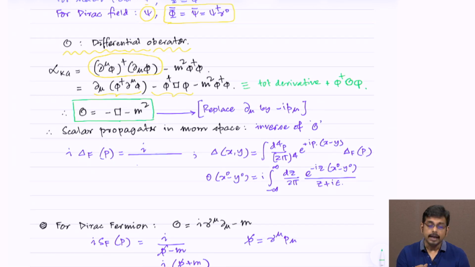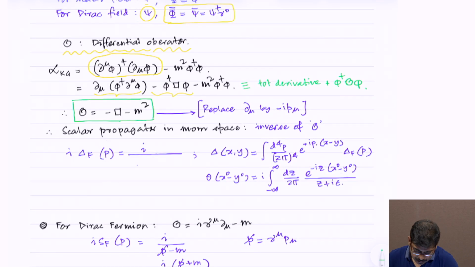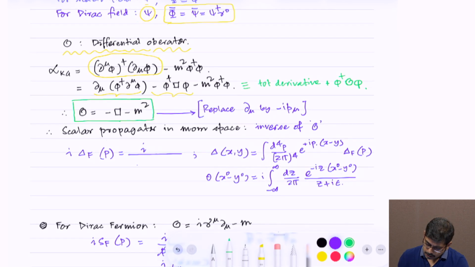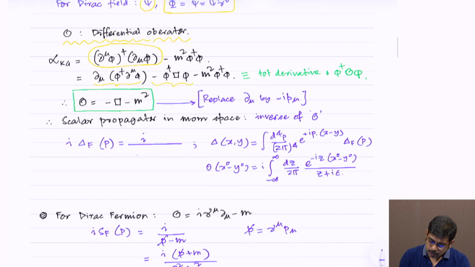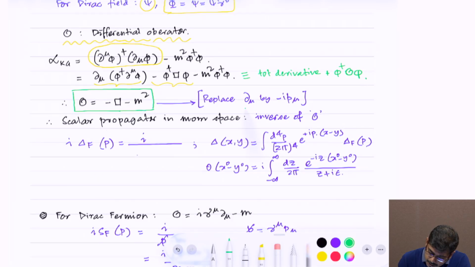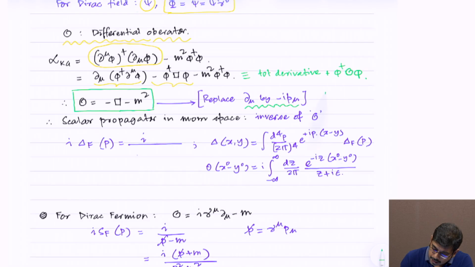In order to do that, we usually work in momentum space. This is a detailed exercise, and you can try it using your quantum field theory books. What you first have to do is replace del mu by minus i p mu, because you know that the p mu operator is nothing but minus i del mu. This is something we all know.